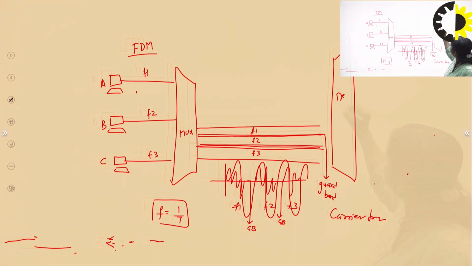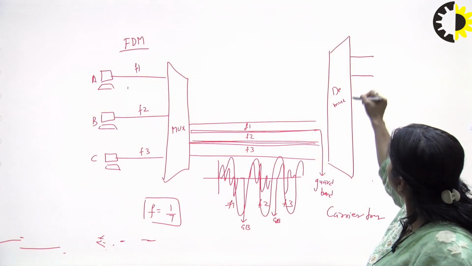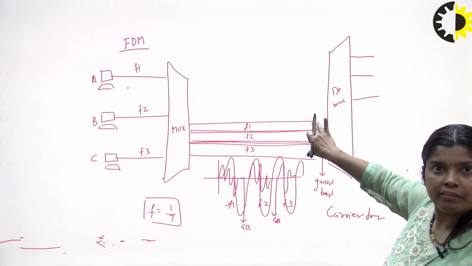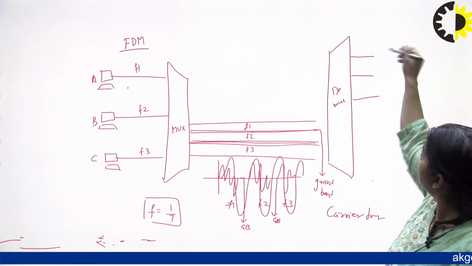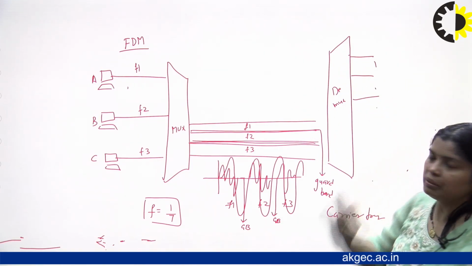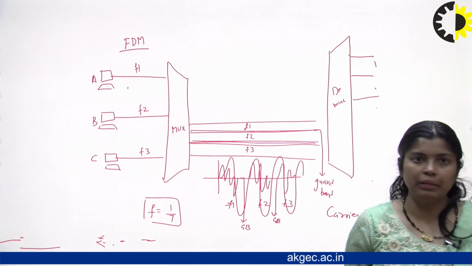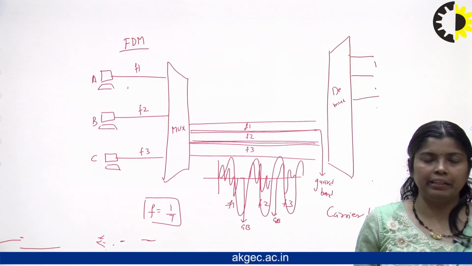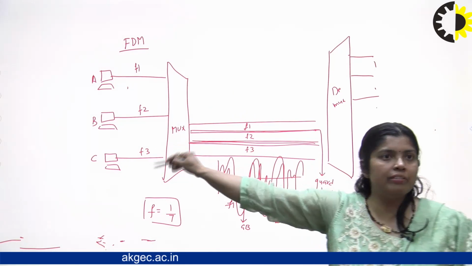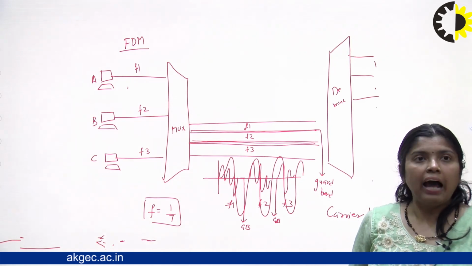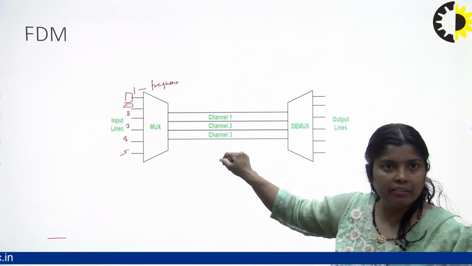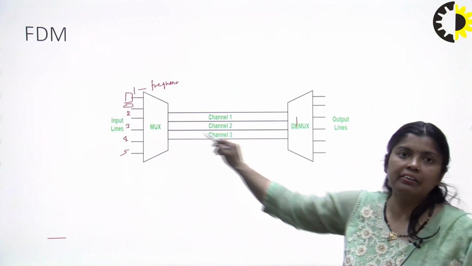The multiple signals come over to the demultiplexer, where a single combined signal arrives and the multiple values are separated and output is generated. To summarize the FDM technique, all the stations transmit signals over a channel, the complete transmission media.